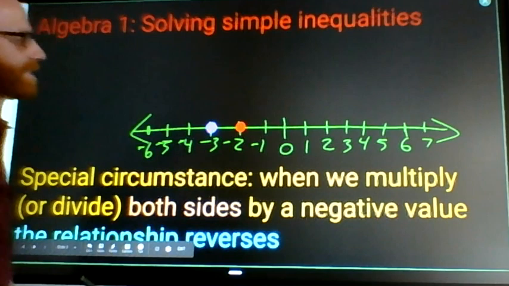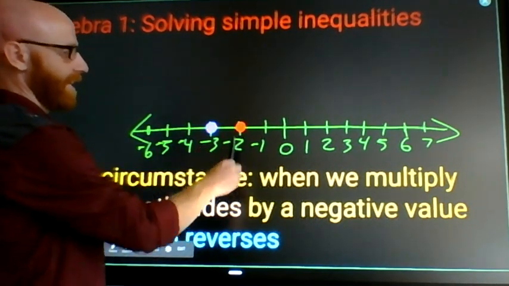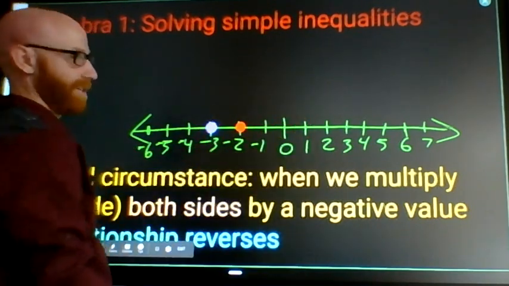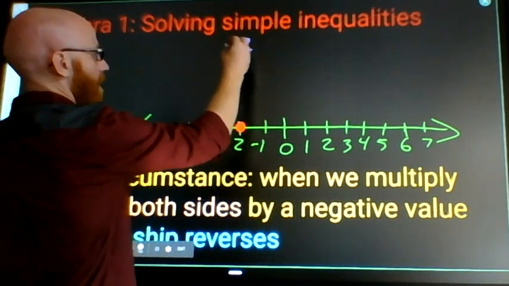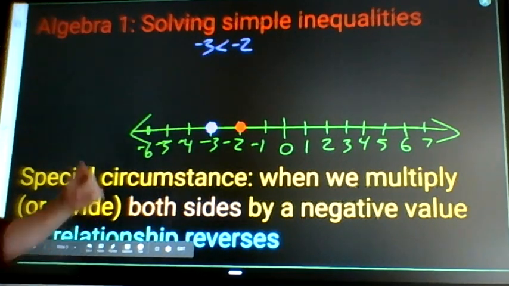Which one is bigger? Remember, negative 2 is bigger than negative 3. It's better to lose $2 than to lose $3. So negative 2 is bigger than negative 3. Negative 3 is smaller than negative 2.